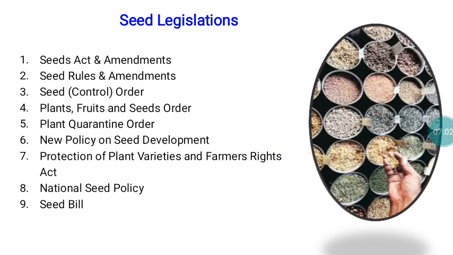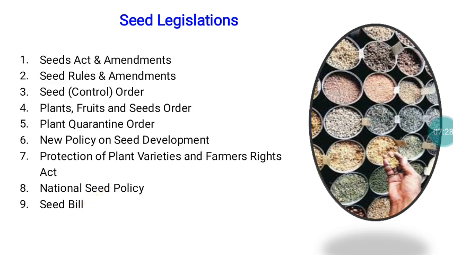In India also, we have many legislations like the Seed Act, followed by some amendments. Then Seed Rules 1968, which also had some amendments. Then the Seed Control Order, Plants, Fruits and Seeds Order, Plant Quarantine Order, New Policy on Seed Development, Protection of Plant Varieties and Farmers' Rights Act, National Seed Policy, and the Seed Bill.